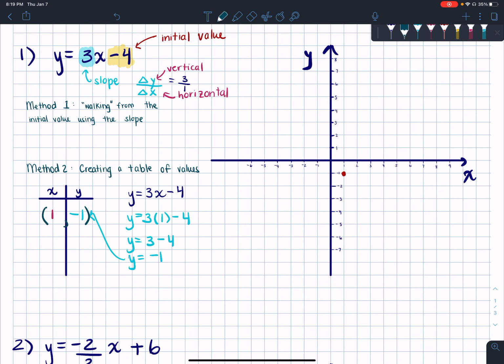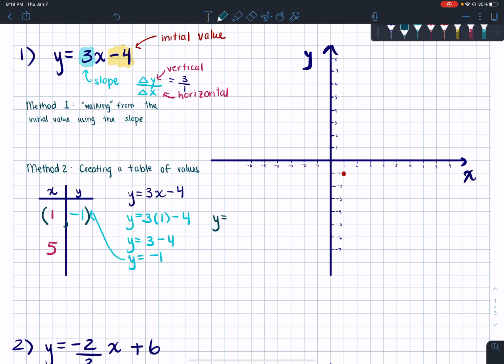And now we need another point. So any other point on this line, let's go with x equals 5. We'll see what happens there. So again, I'm choosing that x equals 5, and now I'm going to see what happens when it does equal 5.